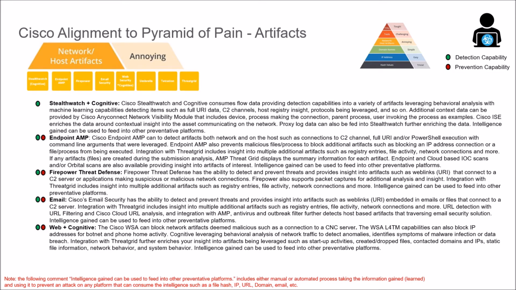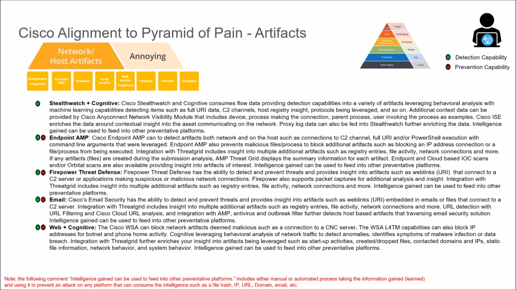Because we're feeding this with additional intelligence, right, as well. And so we're getting that additional insight. So both network and host-based artifacts can be discovered there. Additional context data can be provided by the network visibility module, right? This includes device, process making the connection, the parent process, user invoking the process.